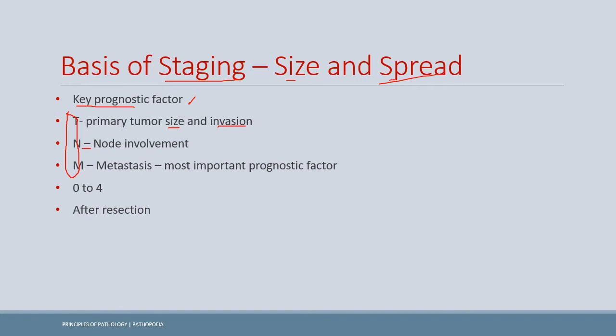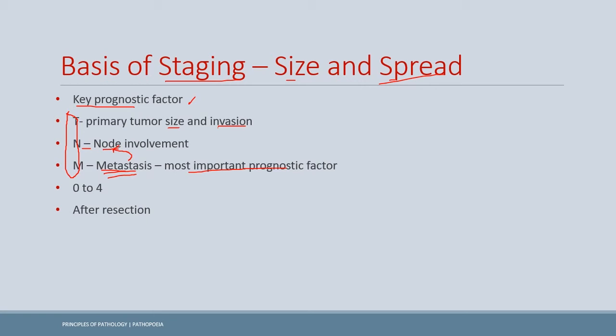Now, the next thing would be the nodal involvement. The nodal involvement would include whether the cells have involved the nearby lymph nodes or not, and then the metastasis. Usually, the metastasis can be via the lymphatic route, and also it can be from the blood. Now, metastasis is a very important prognostic factor.